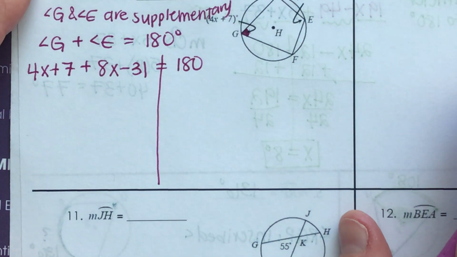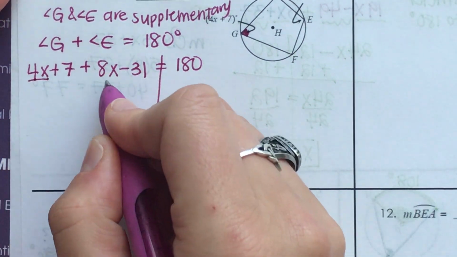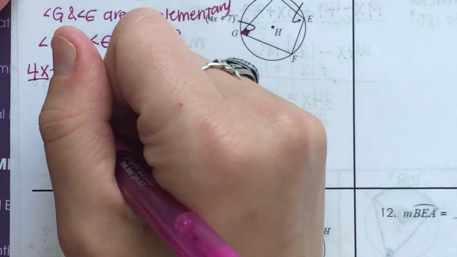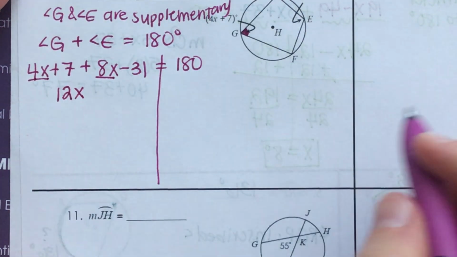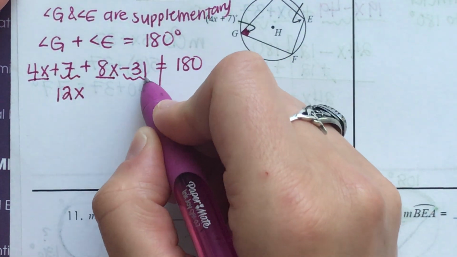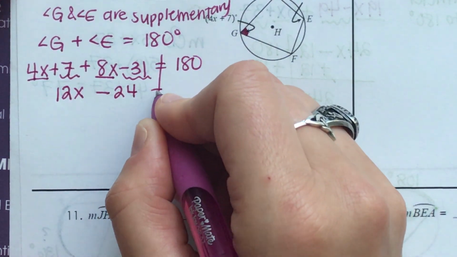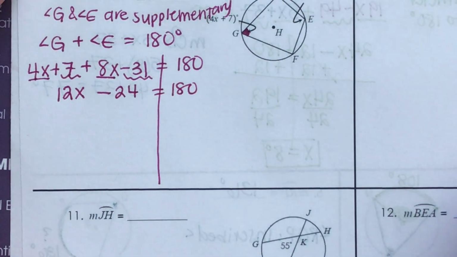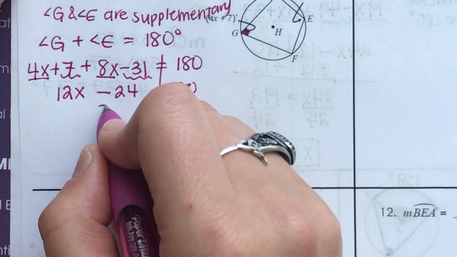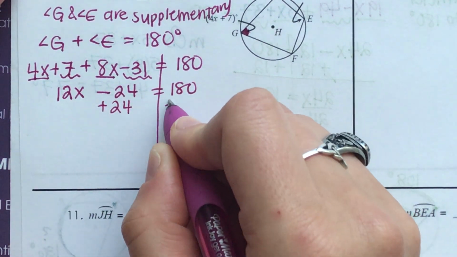Now it's just a regular algebra problem, and let's combine like terms. 4x and 8x gives me 12x. 7 and negative 31 gives me negative 24. I'm going to get the constants to one side, so I'm going to add 24 to both sides.